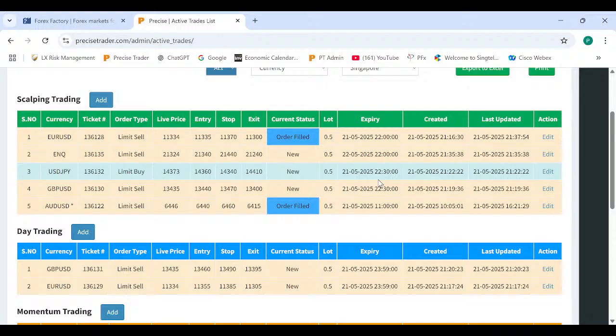Okay, so the gold is flat, euro is flat, Aussie is also flat, and New Zealand is also flat. Maybe it's just about 1-2 pips away. I think we'll wait for some more.